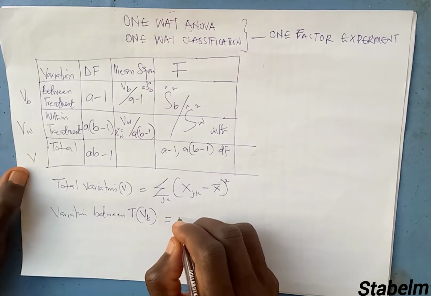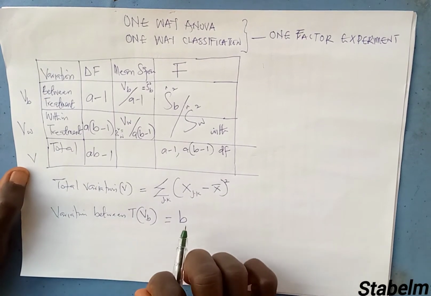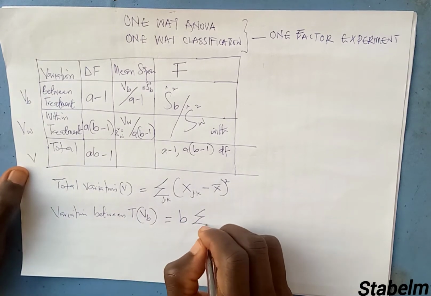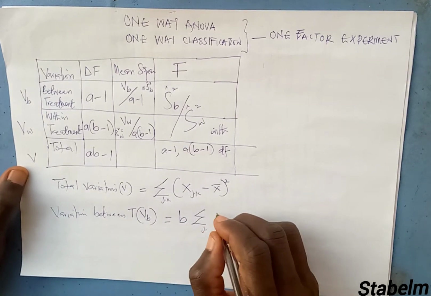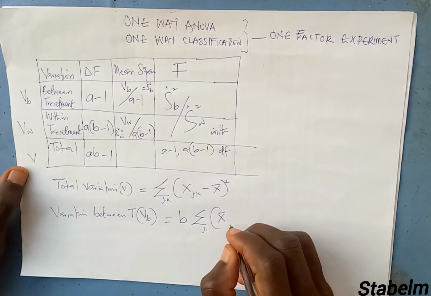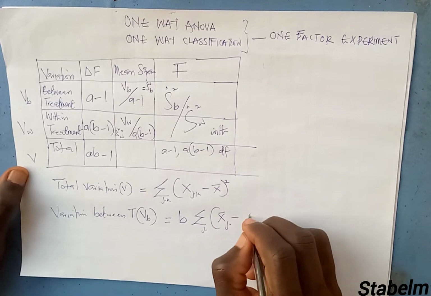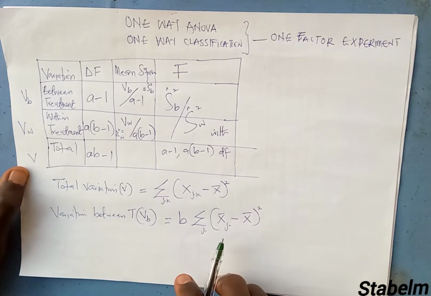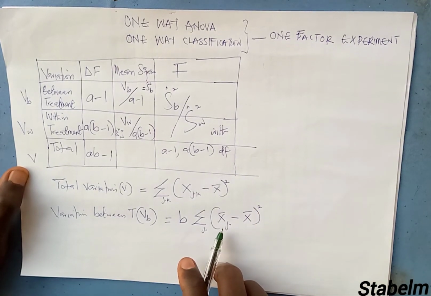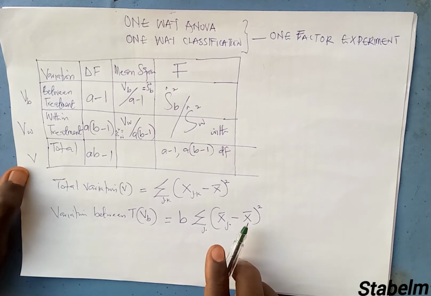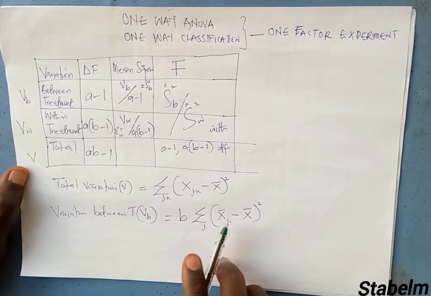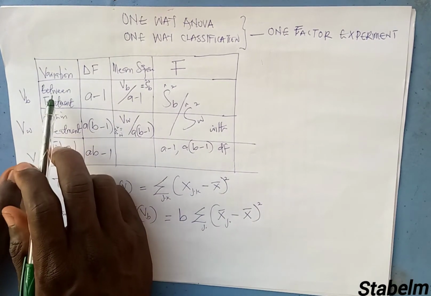This is equal to b, the number of observations in each group, times the summation over j of x bar subscript j minus x bar, all raised to power 2. What do we mean here? The mean of each group minus the grand mean, that is the general mean, squared. When we sum everything, it will give us this box here.